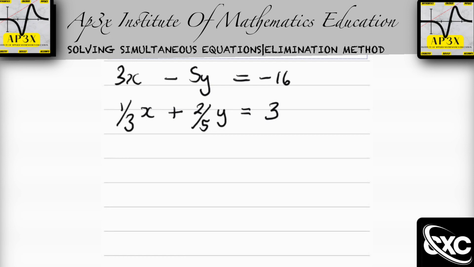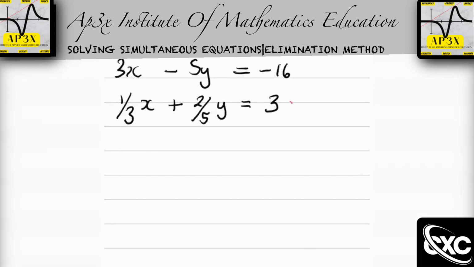So what we can do is fix this equation up a little bit. Let me just go ahead and rewrite my first equation. My first equation is already in its usual form, 3x minus 5y equals minus 16. But the second equation needs a little bit of fixing.